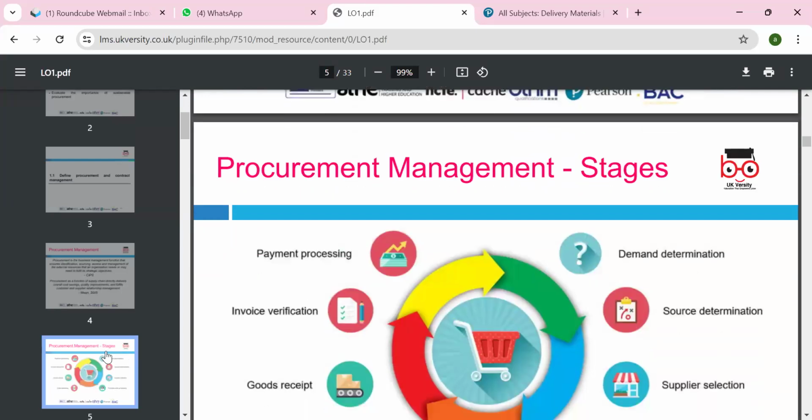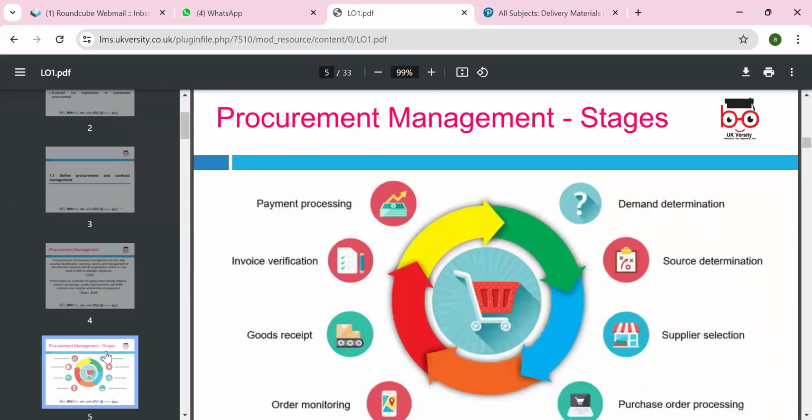Okay, so procurement stages. When we look at the different stages, first is demand determination. If you want to order or procure something, you have to determine the demand of that good, why we need to order it. Then source determination: we have to look around different sources of supply.